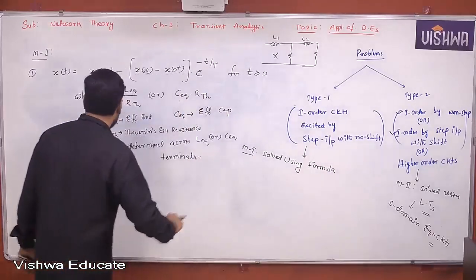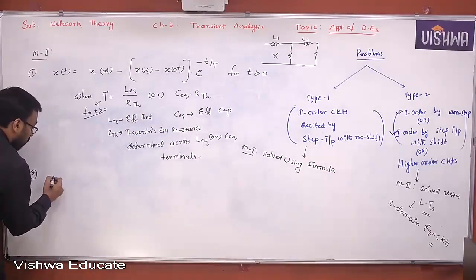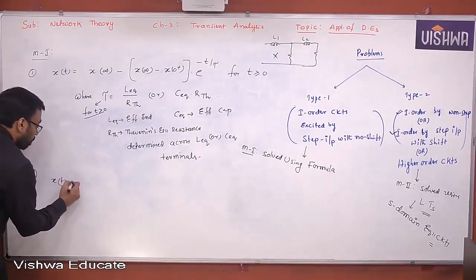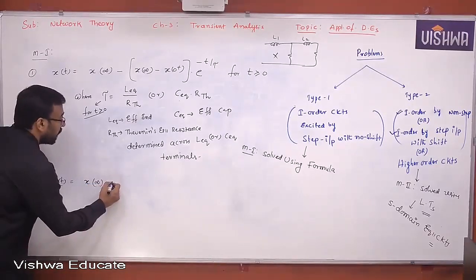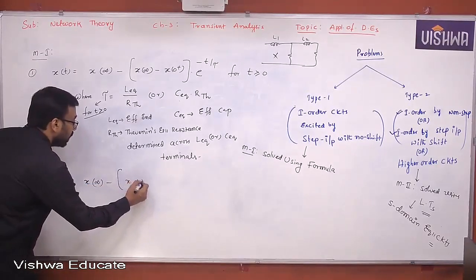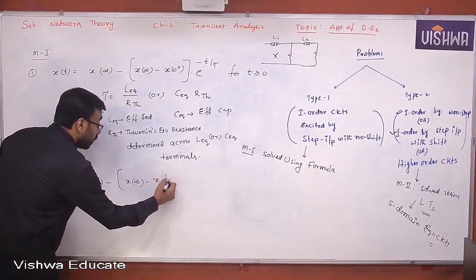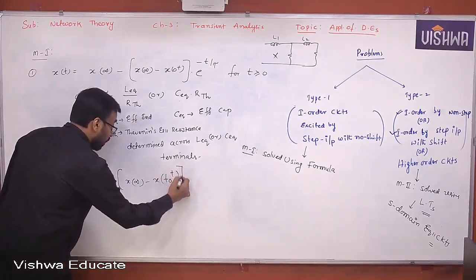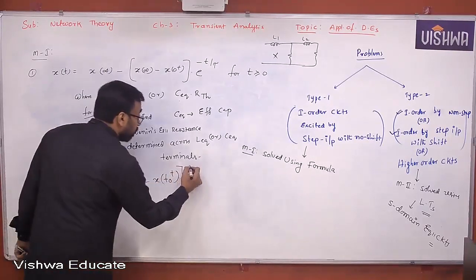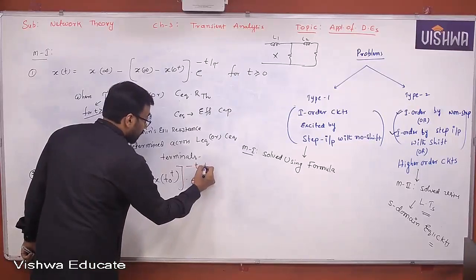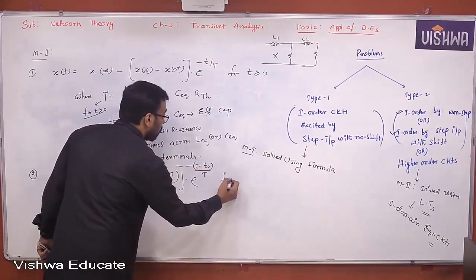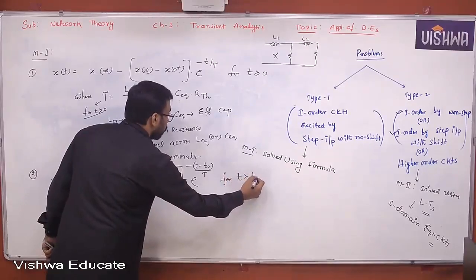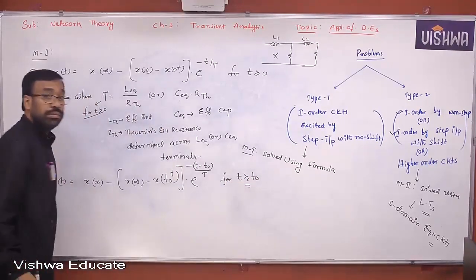If you want that response, let us say x of t will be x of infinity minus (x of infinity minus x of t naught) into e power minus (t minus t naught) by tau. This is for t greater than or equal to t naught. You understand, all of you?